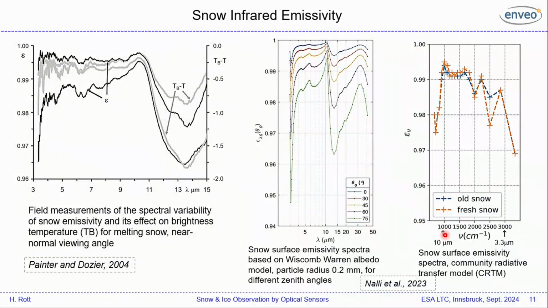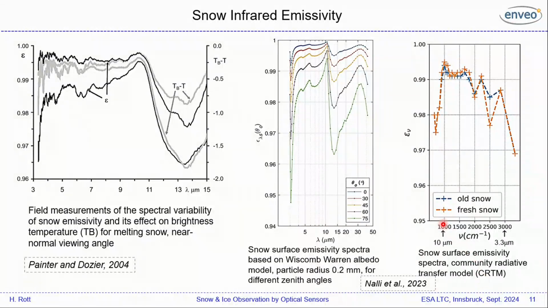This is a model computation, and this other example shows something which is used now, for example, in numerical meteorological models, also climate models. This is a spectrum from the so-called Community Radiative Transfer Model, snow surface emissivity spectra, used by NOAA and others in their models.